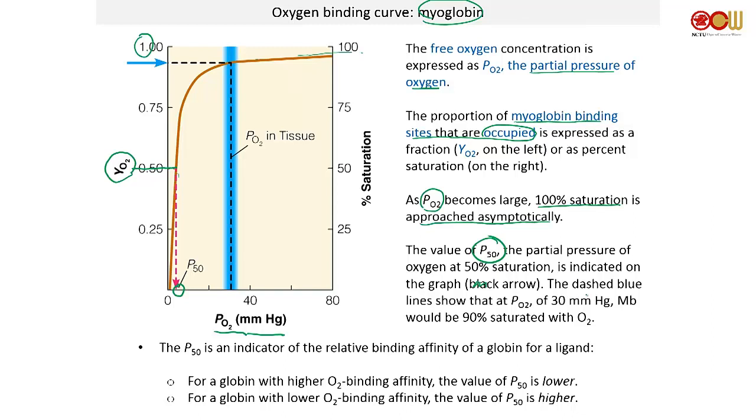Now, what you see here is that the dashed blue lines show that at a partial pressure of 30 millimeters of mercury, right here, myoglobin would be 90% saturated with O2. And this 30 is about the partial pressure of oxygen inside of tissues.